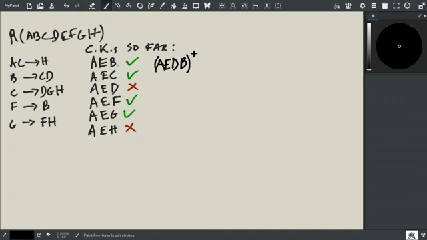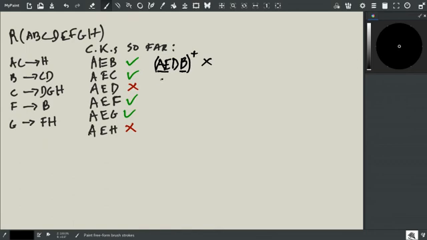It's a superset of an already existing candidate key, and a candidate key cannot be a superset of another candidate key. It has to be minimum. So because I have A, E, and B here, it means that this one cannot be a candidate key.